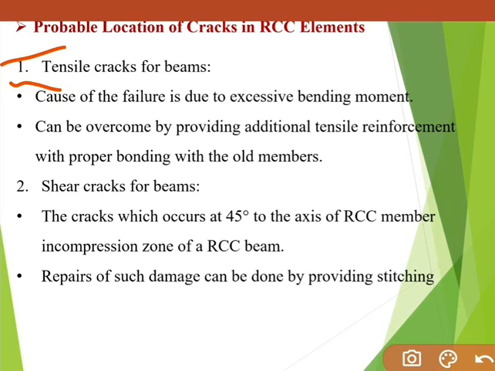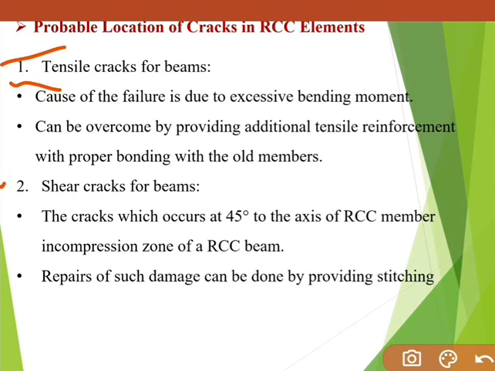Sometimes because of the extra bending moment, an RCC member may crack. This can be overcome by providing additional tensile reinforcement with proper bonding with the old members. So if we want to avoid cracks in an RCC member or beam, we have to provide the additional tensile reinforcement.